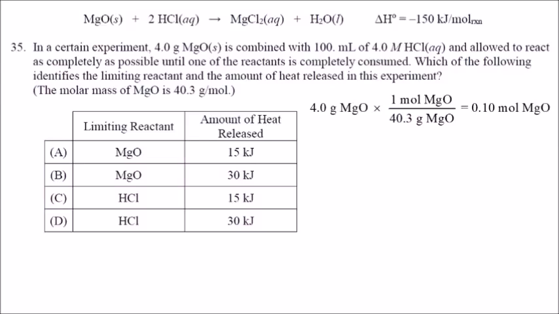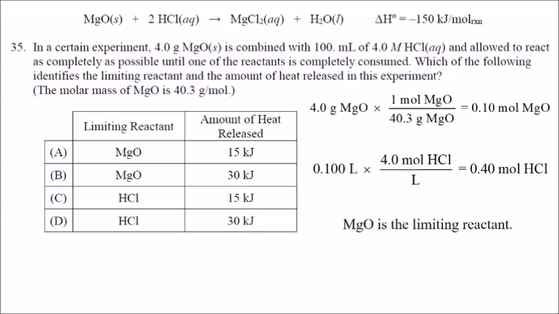We have volume times molarity to get moles of HCl, so 0.1 liters times 4 moles per liter, that's 0.4 moles of HCl. The ratio between magnesium oxide and HCl should be 1 to 2 in the balanced chemical equation. But we actually have 4 times as much HCl compared to MgO. So the HCl is in excess, and the magnesium oxide is the limiting reactant.